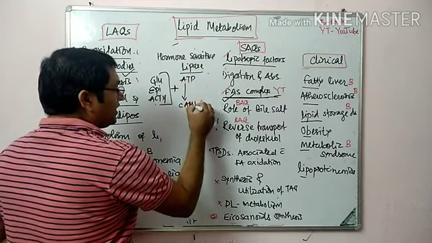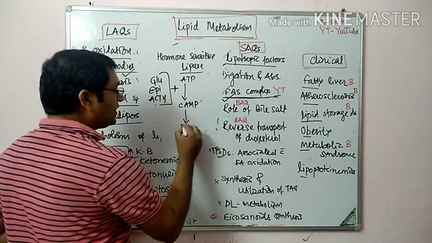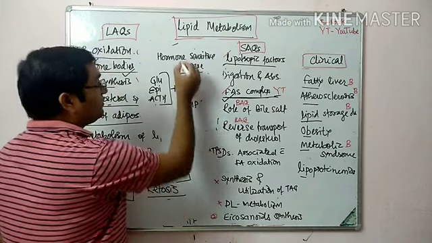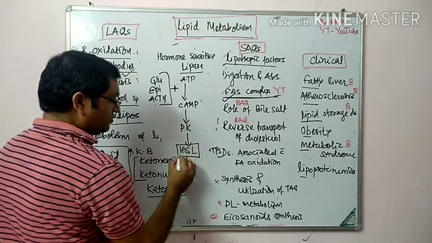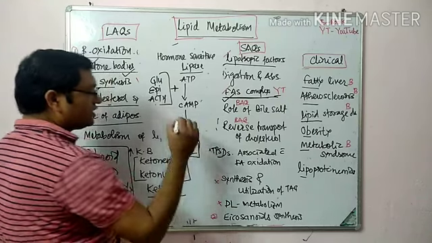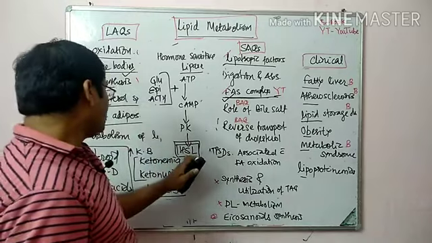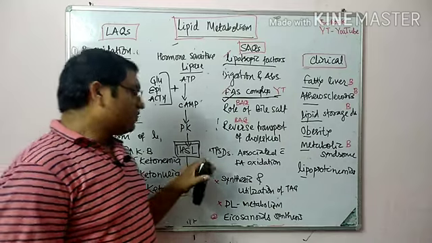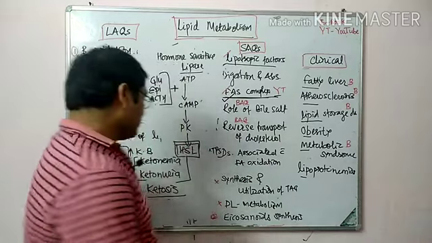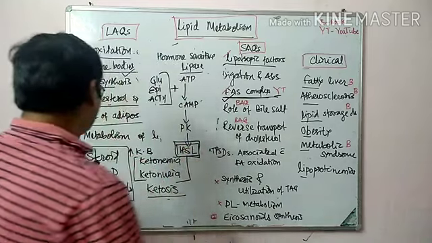Now this cyclic AMP activates protein kinase, and protein kinase activates hormone sensitive lipase. This hormone sensitive lipase acts on the lipid and converts triacylglycerol into free fatty acid and glycerol. This is the action of hormone sensitive lipase.